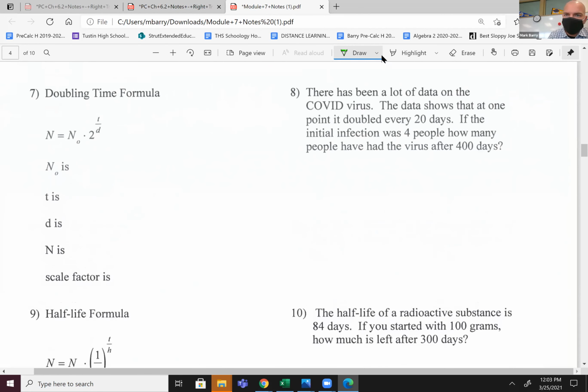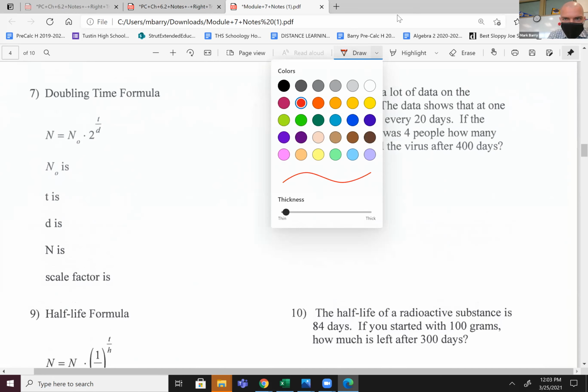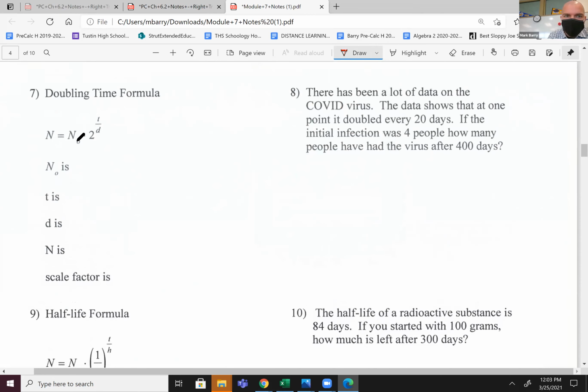Okay, so let's define our variables here. For this one, N sub 0, that's all one variable. N sub 0, and that is the initial amount. Man, that first thing keeps being initial amount, all right?